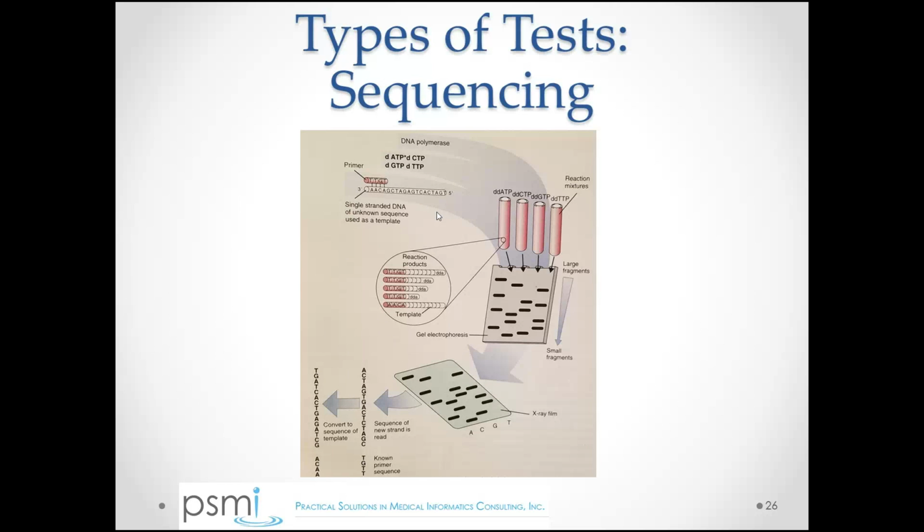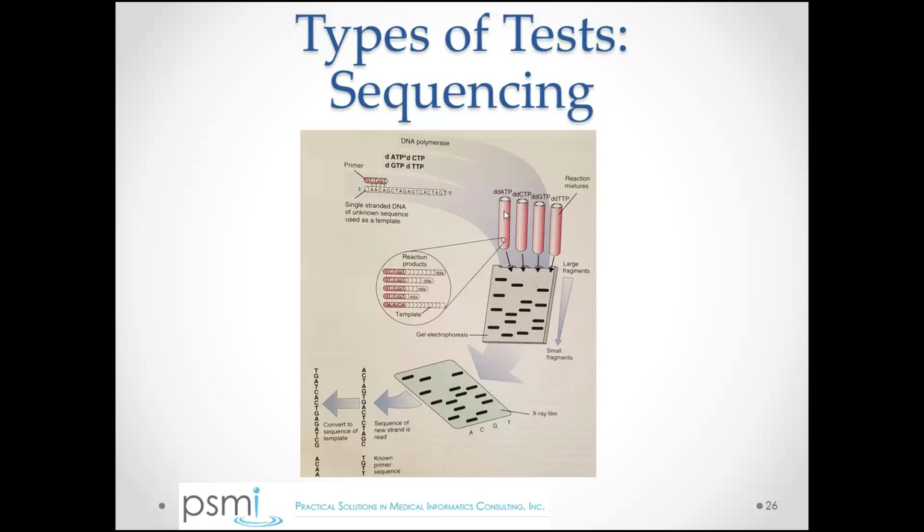And when Sanger, who got the Nobel Prize for coming up with this process, described it, what he initially was doing was he took 4 different test tubes, if you will, and he started with this same product. And in each test tube, he has all of the bases.